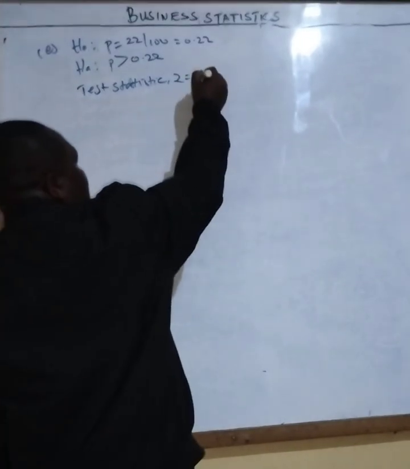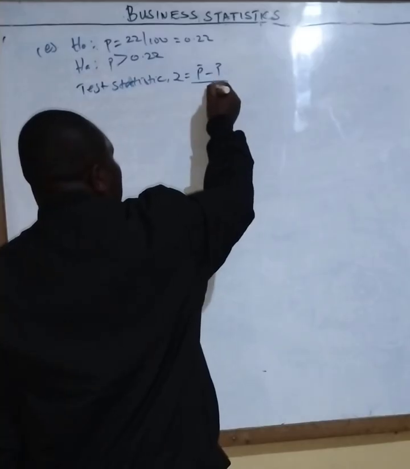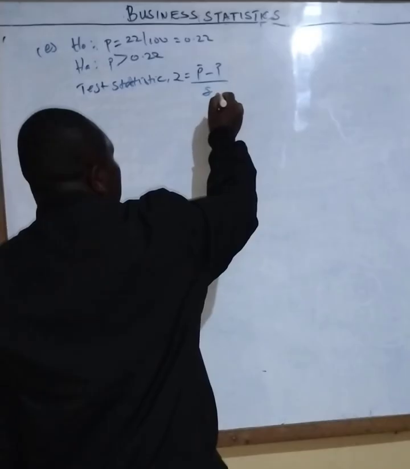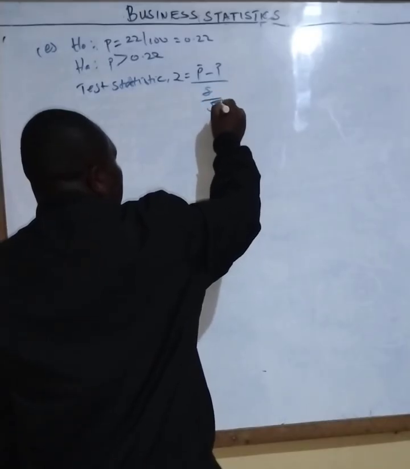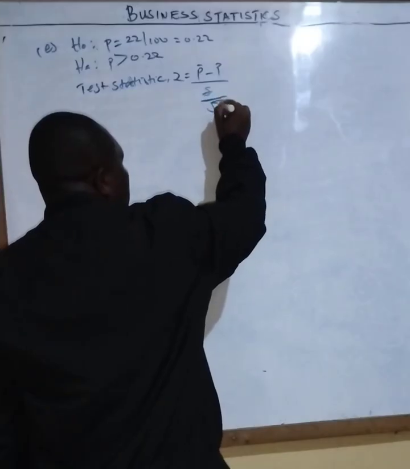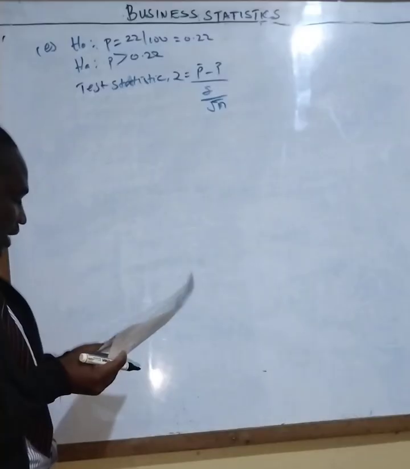Therefore, we will say it is the sample probability minus the population probability, divided by the standard deviation, everything over square root of N.